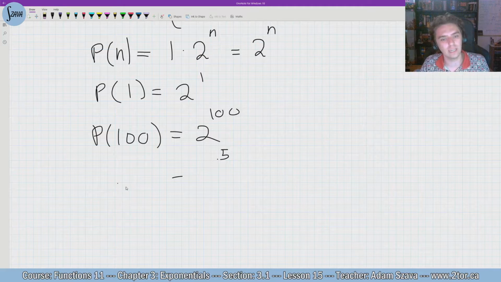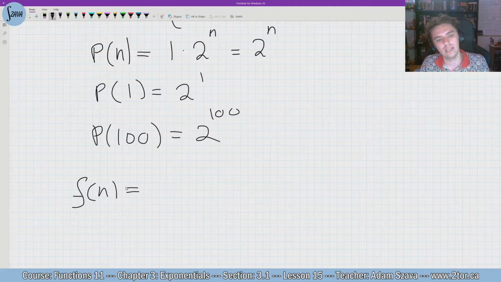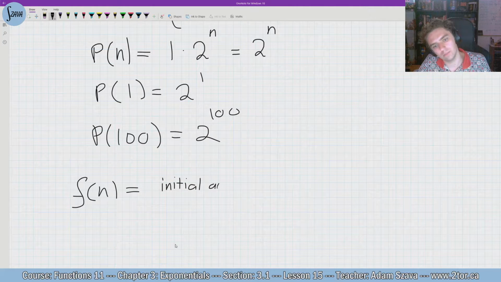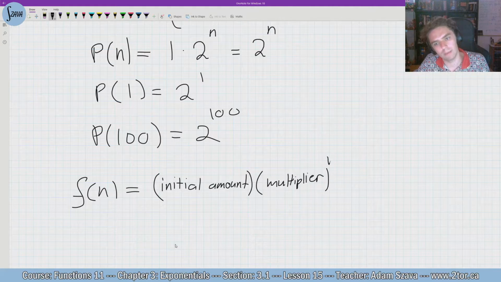So again, I'm just going to think about this in terms of f of n, just integers right now. f of n will always be, for an exponential function, the initial amount times the, I'll call it, multiplier to the power n.